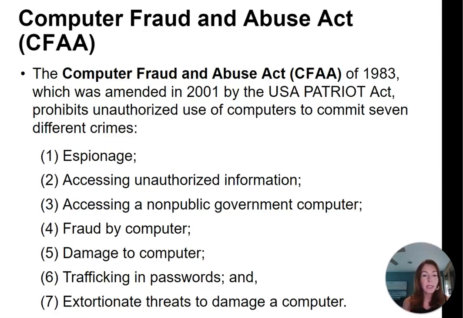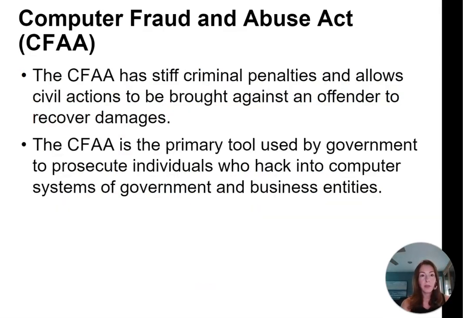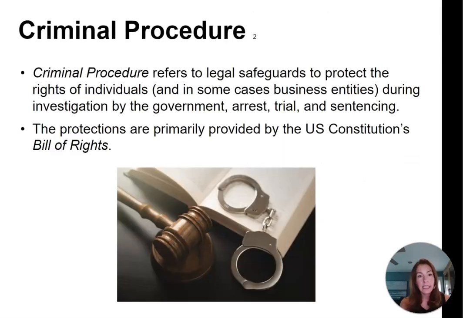You can look at them here: accessing unauthorized information, trafficking in passwords, fraud by computer, and other types of computer-related fraud and abuse. And there are penalties, criminal penalties, and civil actions to recover damages under the Act. And it allows the government to prosecute individuals who hack into computer systems of the government and of business entities.